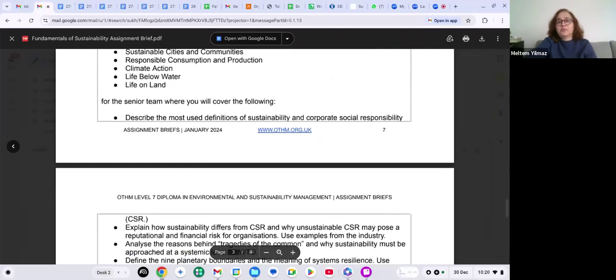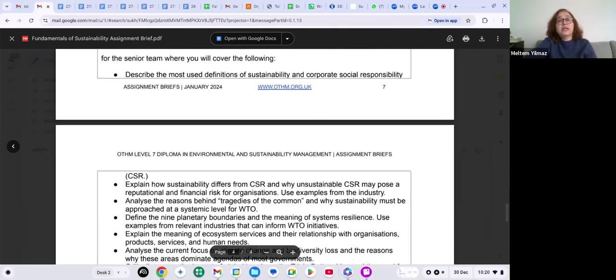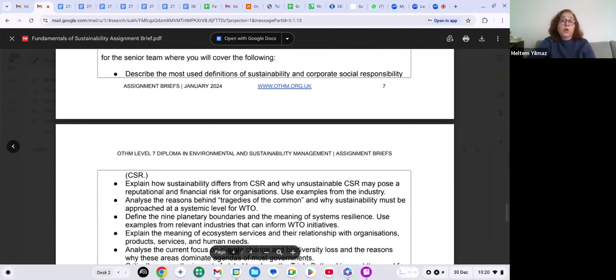What we expect from you in this scenario and paper is to describe the most used definitions of sustainability and corporate social responsibility, CSR. Explain how sustainability differs from CSR, and why unsustainable CSR may pose a reputation and financial risk for organizations.